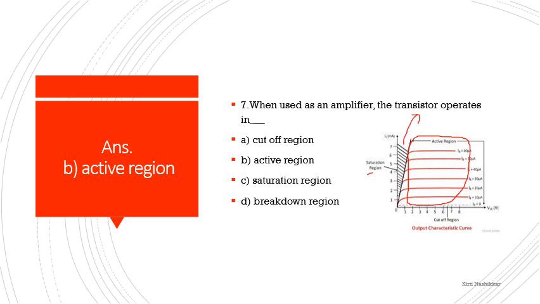This is the saturation region, this is the cutoff region, and the region above the cutoff region is the active region, where the transistor can work as an amplifier.